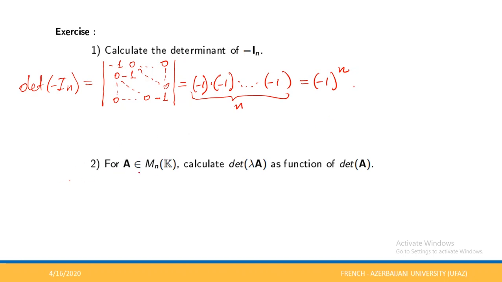Let's look at the second part. For an n by n matrix A, calculate the determinant of lambda A as a function of determinant A. Okay. Suppose that A is this matrix: a11, a12, a1n, a21, a22, a2n, an1, an2, ann.